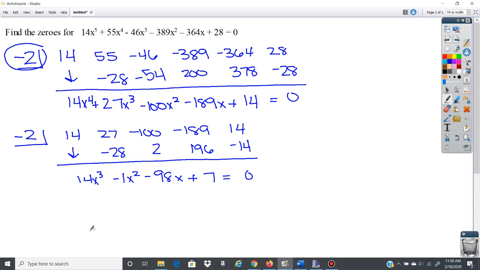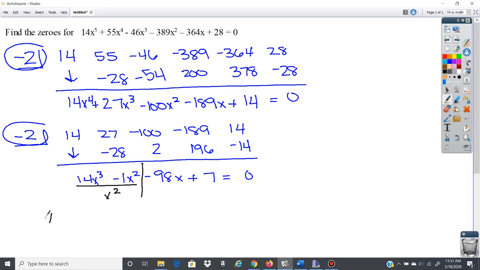Now I can try to find another zero and divide this out synthetically, but looking at this problem, it looks like I can actually factor this using grouping. Typically I'd pull another zero out, since I've got negative 2 twice, and then do the quadratic formula, which you can still do. But if you can factor, go ahead and do that. So here I can split this, and pull an x squared out of each of these.